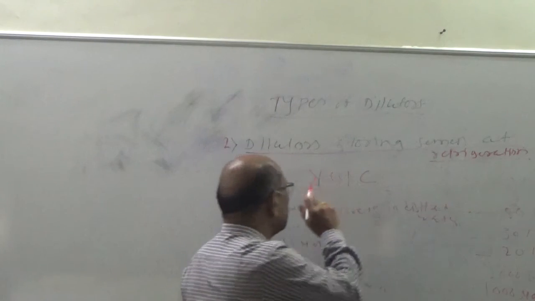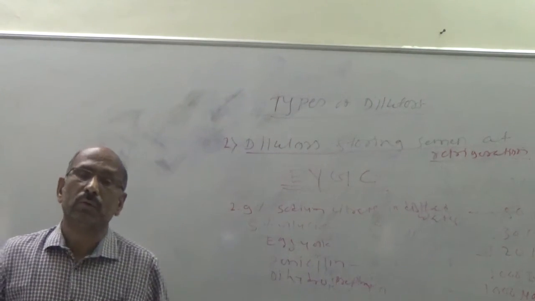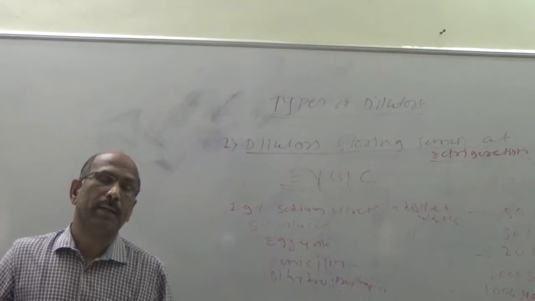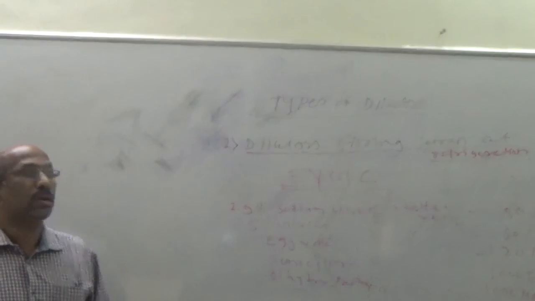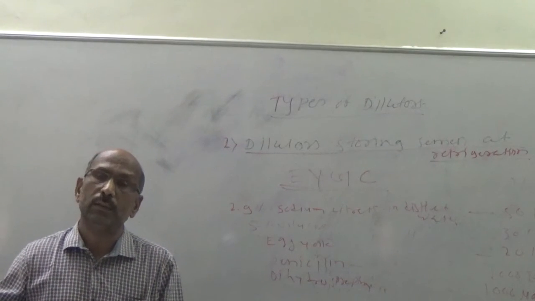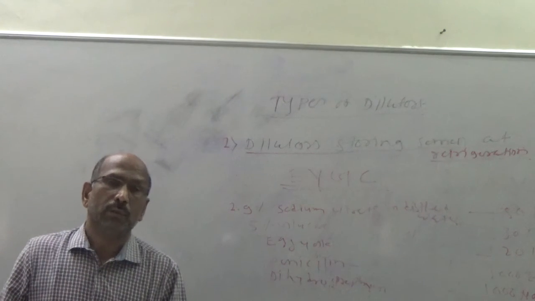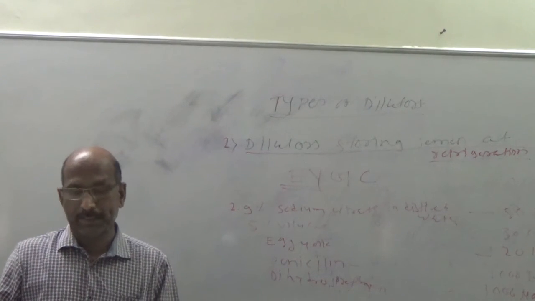So these are the compositions of the egg yolk glucose citrate diluters for storing semen at refrigeration temperature, that is 5 degrees centigrade.